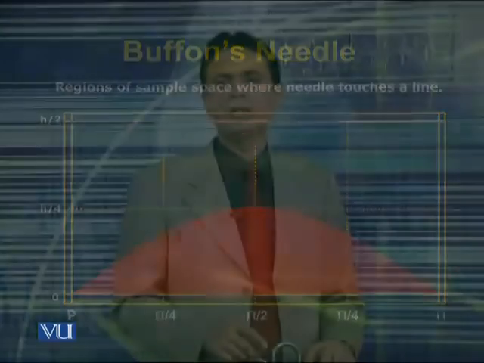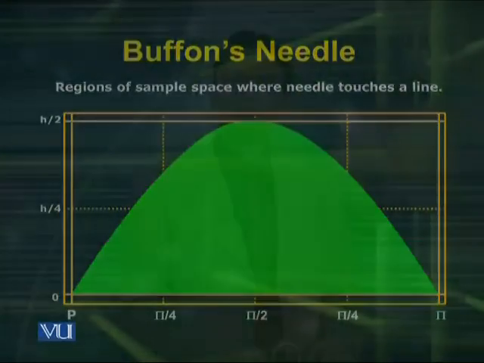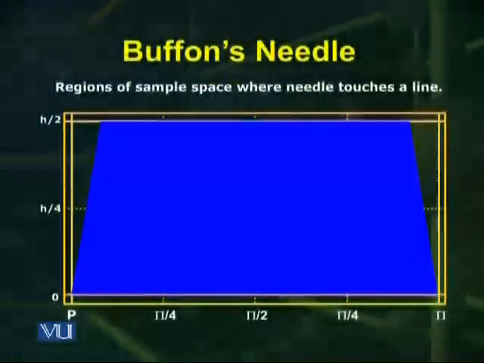And when the needle is as long as the spacing between the parallel lines, the probability of this needle touching a line is 2 over pi, which is 63.7%. And when the length of the needle is 4 times as long as the spacing between lines, then the probability of this needle touching any line is approximately 92%.